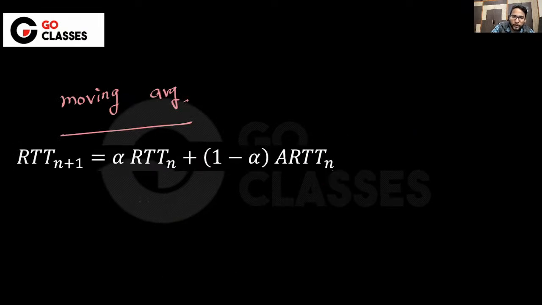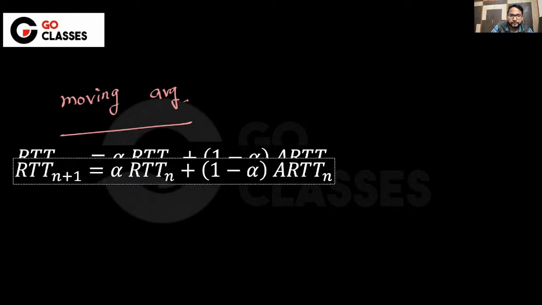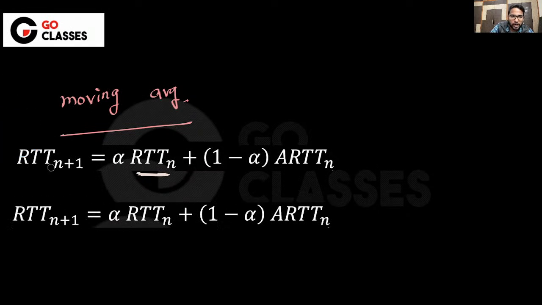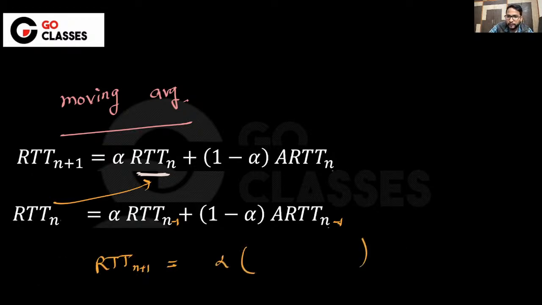So if you open this recurrence, which means you put the value of RTT n, let me write the RTT n. So RTT n will be this one, right? Now you substitute the value of RTT n, which means you will be getting RTT n plus 1 equals alpha into this thing plus 1 minus alpha into actual RTT.